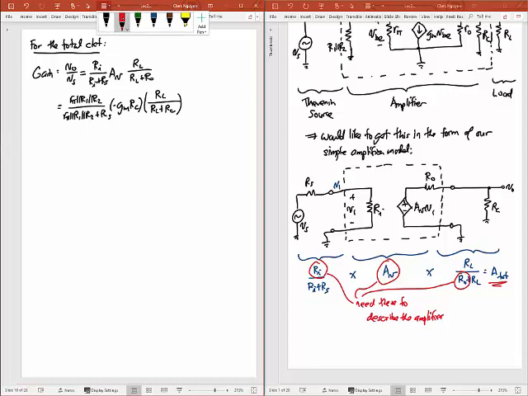I can see that if I join these two together, the RC and the RL over RL plus RC, you can recognize that this is just equal to the parallel combination of RC and RL.